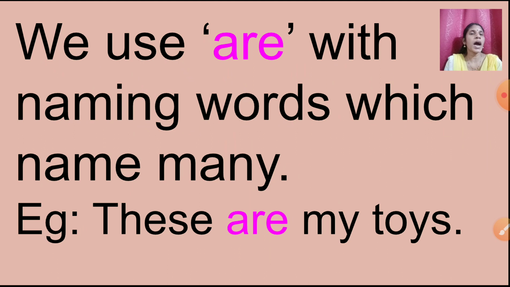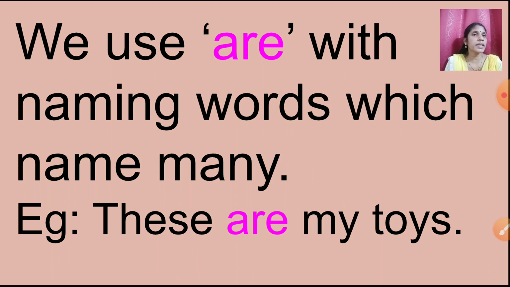We use are with naming words which name many. So that is, when we are talking about more than one naming word, that time we are supposed to use are. Okay? For example, these are my toys.